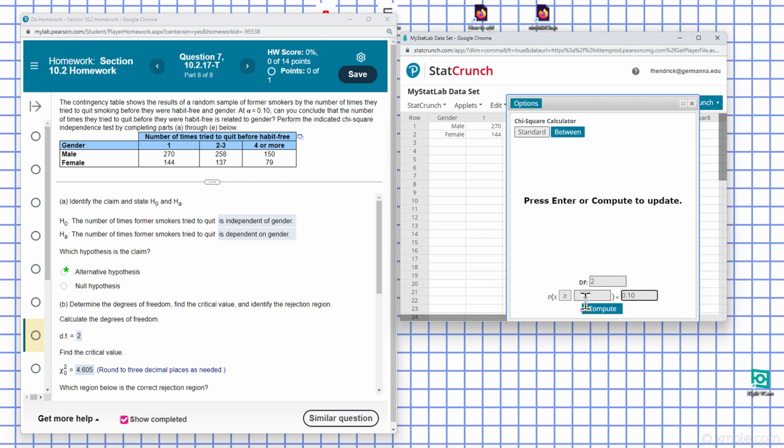And we want to find out what that chi-squared value is going to be, the critical value, and we compute. And our chi-squared critical value is 4.605, and that's what they have there. That's how they got that part of it.